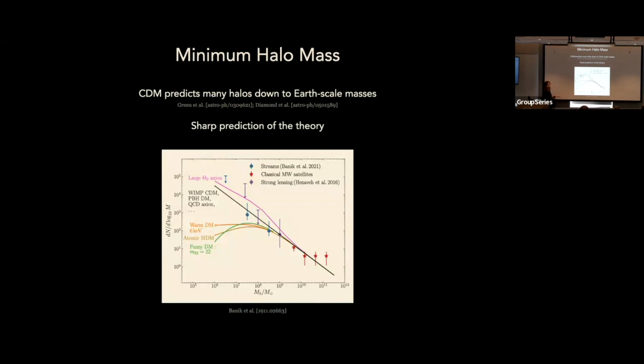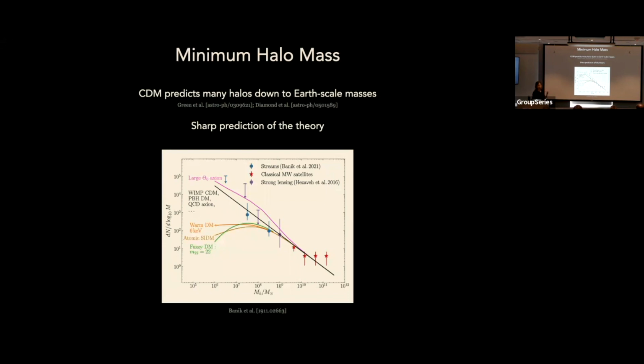And in the cold dark matter case, because we are able to preserve structure to very small scales, the prediction is that it follows this black line. So it just increases all the way down to very small scales. You end up going down to about Earth scale masses, halos down to Earth scale masses in cold dark matter. That's a very sharp prediction of the theory.